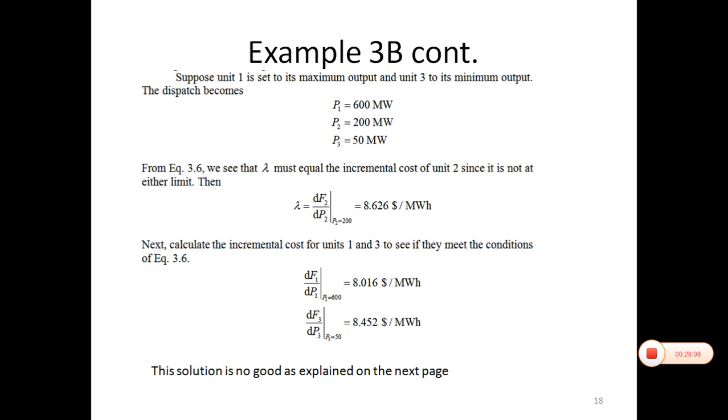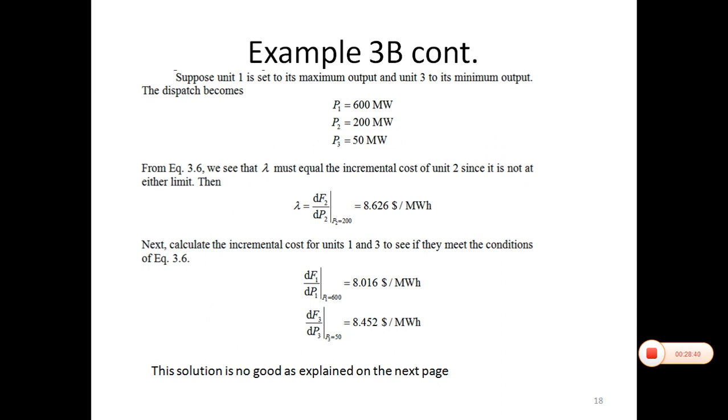The dispatch becomes P1 equals 600 megawatt, P2 equals 200 megawatt, and P3, which was giving us a low value, we put at its lower limit, which is 50 megawatt. So in this solution, lambda equals df2 over dp2, which is 8.626 rupees per megawatt hour.